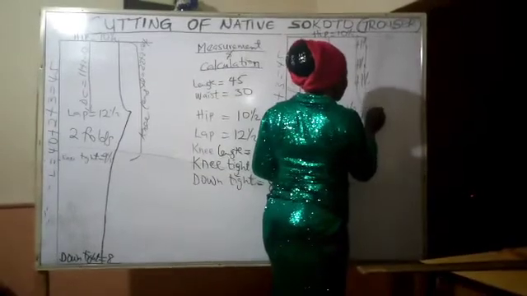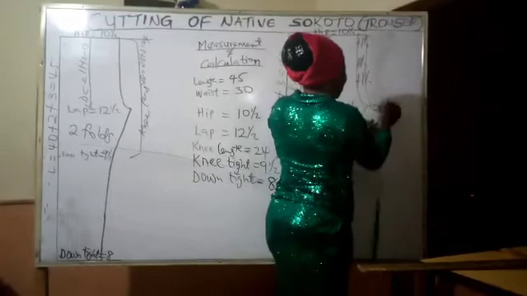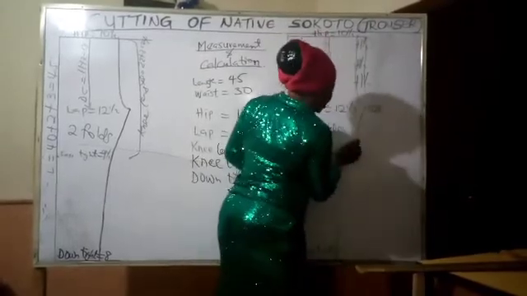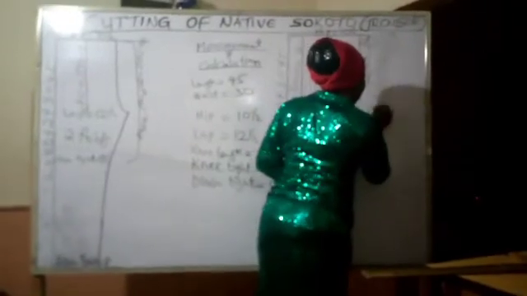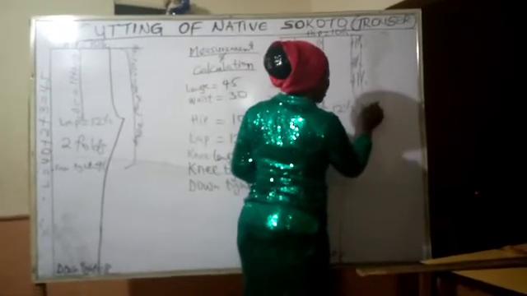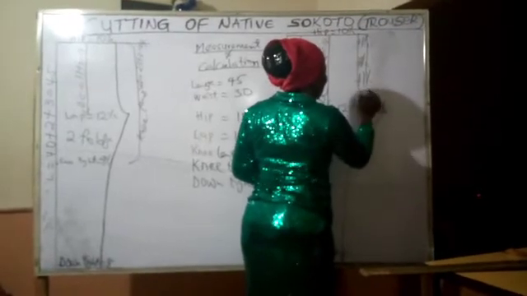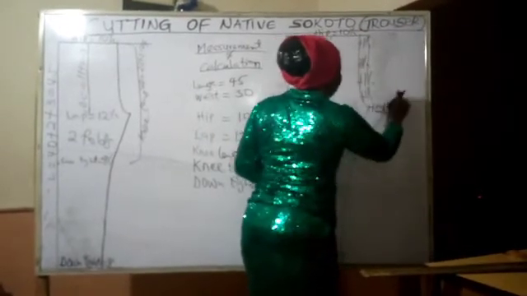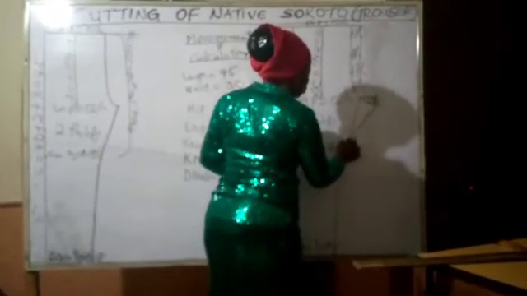So that is why I'm adding 2.5 to this place. My 2.5 will stop at this place. Then from here, you join your 2.5 to this place. It will now give you this shape. I added 2.5 to this place, then 1.5 to this place, just because of our bumble, so that it should not be too tight.